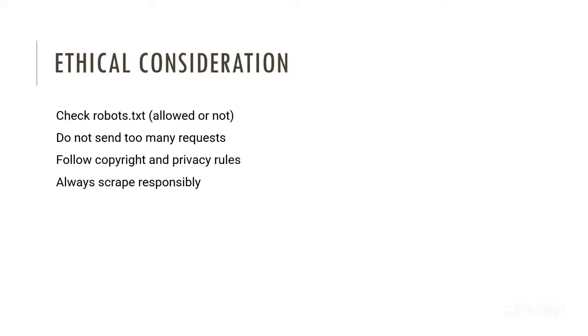So the extracted quotes and authors were stored in the dictionary, then converted to a pandas data frame, then saved to a CSV file. Now we have a clean and reusable data set for analysis. This is how we move from raw scraped data to a structured file that can be used for further processing.